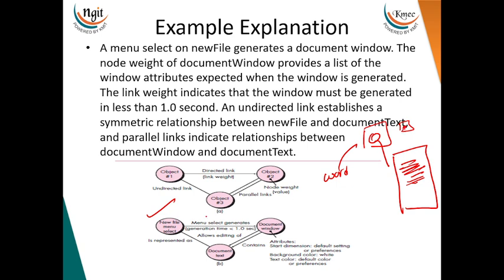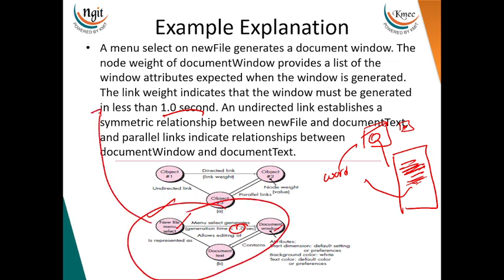Let's take an example: new file, select new file, then the document has opened. That is a direct link, and the time taken is less than 1 second. Then you type, then you close it. So all these operations are represented in this format, correct?